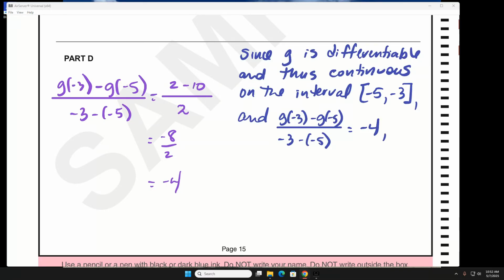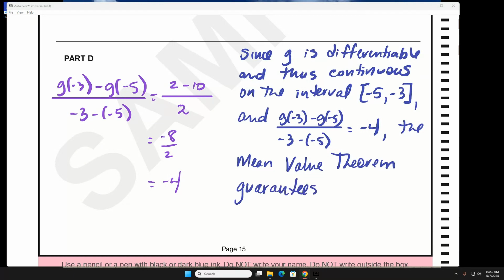And then we have to tell what theorem we used. The mean value theorem guarantees there is some number, and then I'm just quoting the problem.